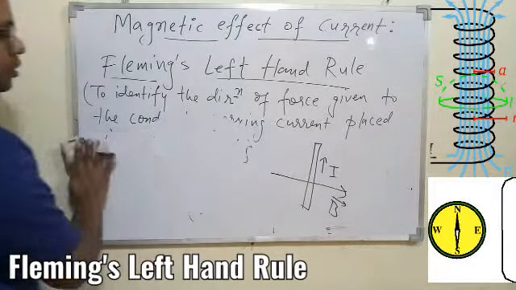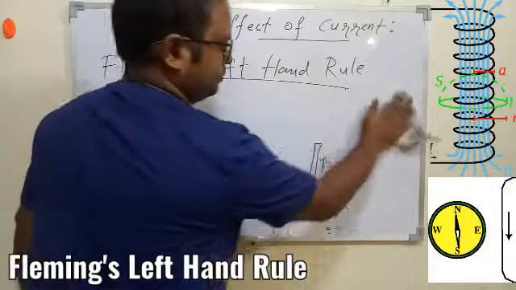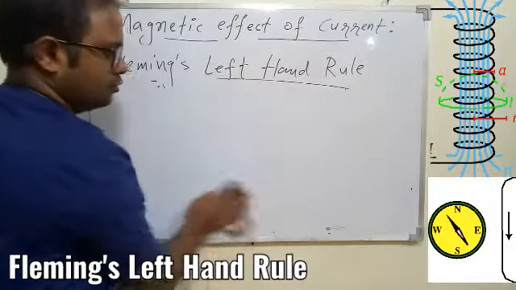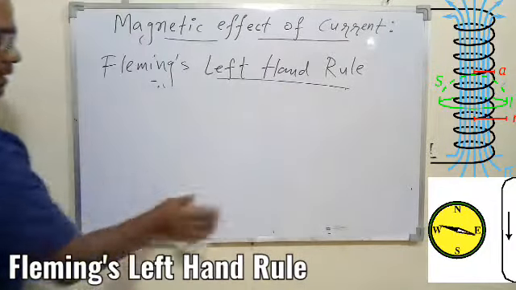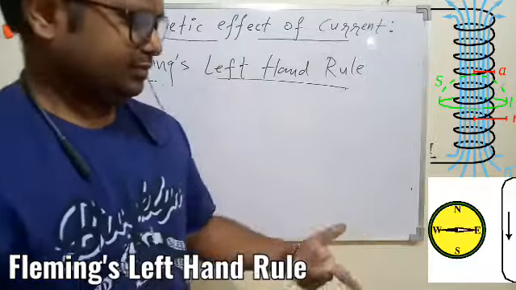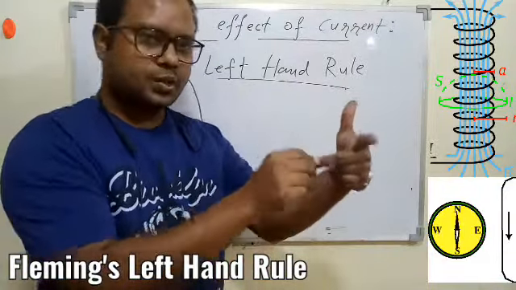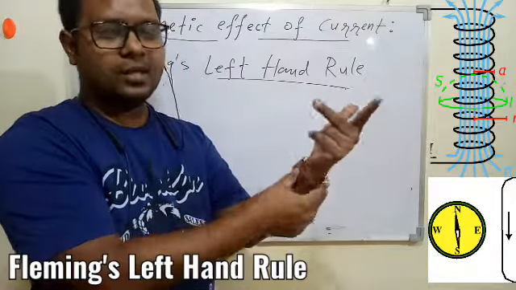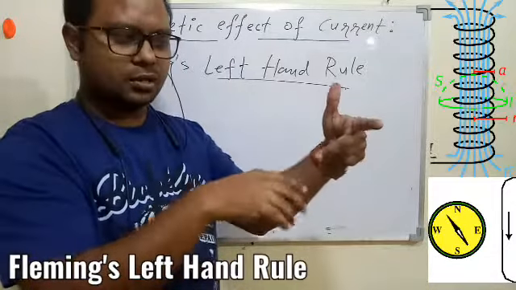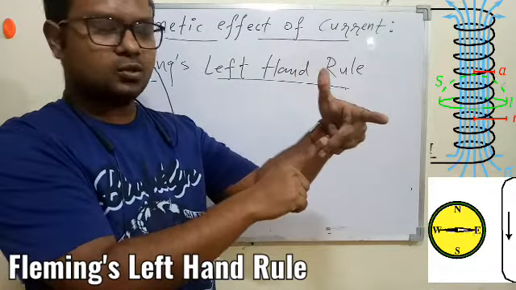Now let's talk about the rule. It says that if we take the left hand and stretch three fingers perpendicular to each other, mutually perpendicular, this is perpendicular to this, this is perpendicular to this, and this is perpendicular to this also.